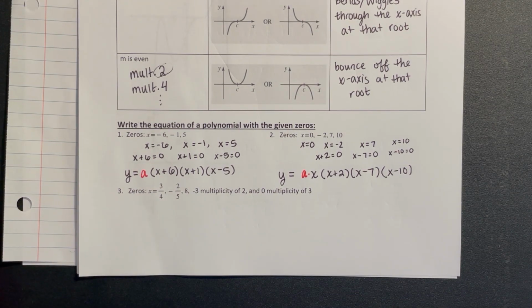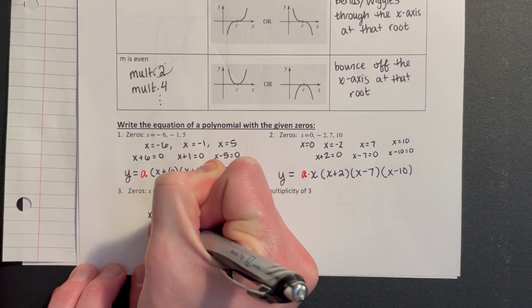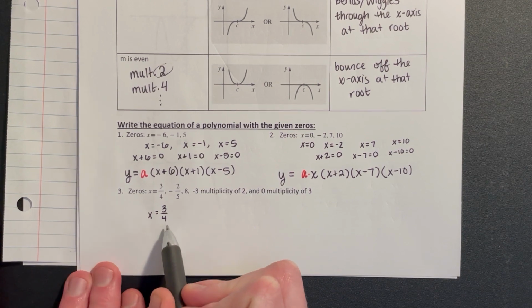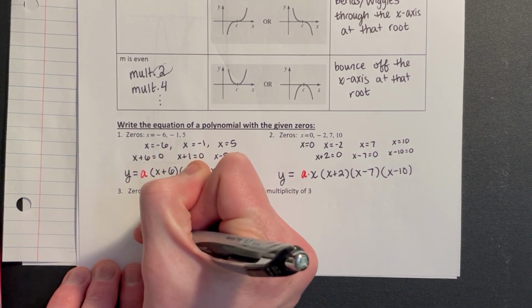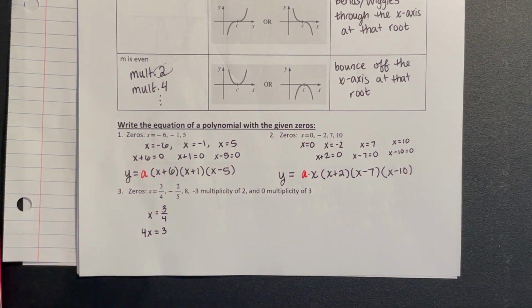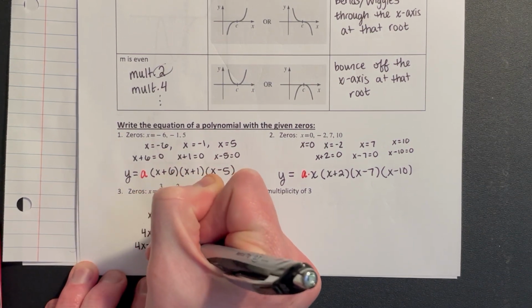For the third one, there's a little bit more complexity to this. So I've given you some fractions for us to consider. X equals 3/4. If we were to work backwards, we could undo this division by multiplying the 4 over, so it would say 4x equals 3. We can also subtract that 3 over to make that 4x minus 3 equals 0.